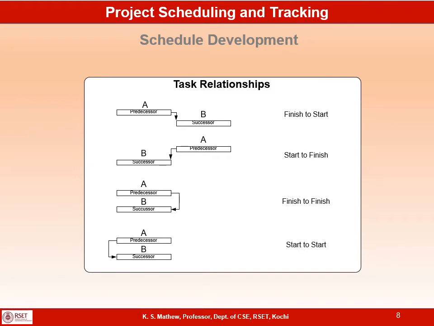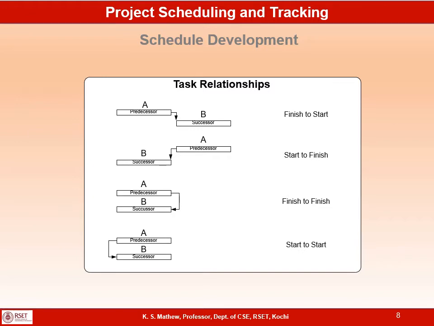There is a third type of relationship, finish to finish. So B will get completed only after A also completes. Both A and B will continue, but B will get completed only when A also completes, which is called finish to finish.